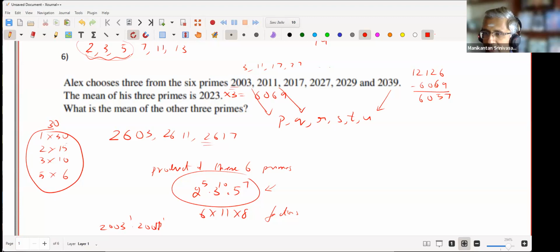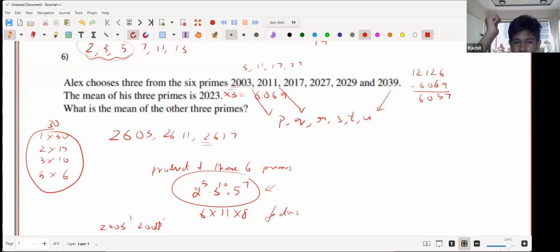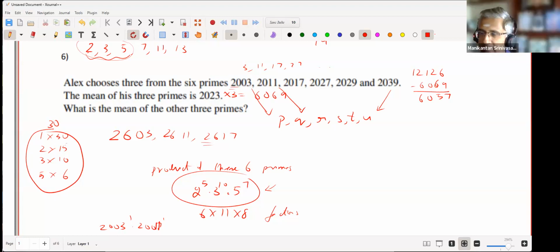Okay, Rachit. So I don't understand the question. I take of the 6 prime numbers, I take 2 of them. I multiply, I square. Okay, that resulting number will have how many factors?